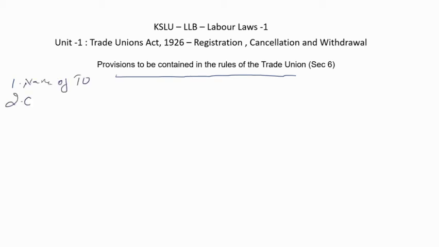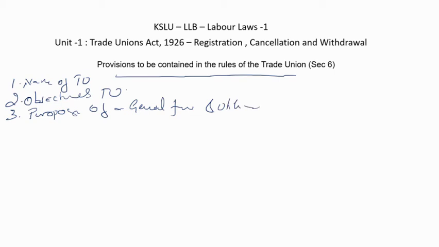objectives of a trade union, and then the purpose of a general fund, and how to utilize this general fund. The details should be mentioned here, followed by the list of all the members of a trade union.